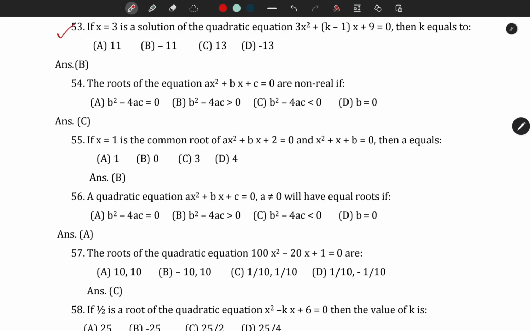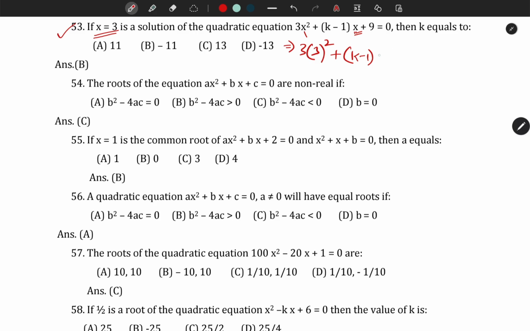Question 53. If x equals to 3 is a solution of the quadratic equation. Since x equals to 3 is a solution, in place of x here we will put 3. So in the next line we can write 3 into, in place of x we can put 3 square, plus k, we'll leave it as it is, k minus 1.